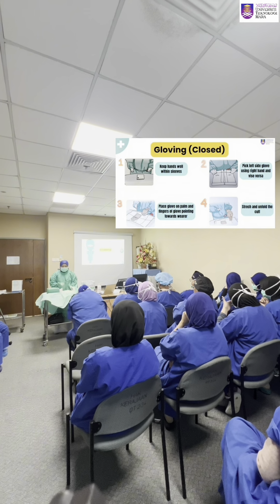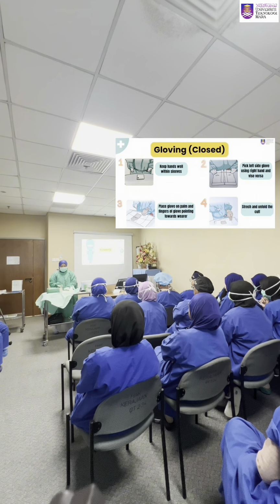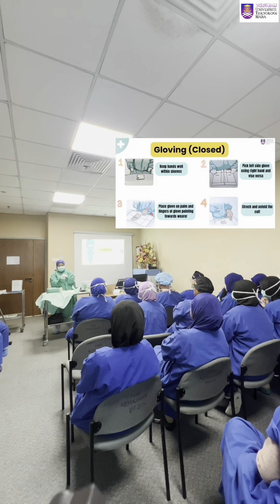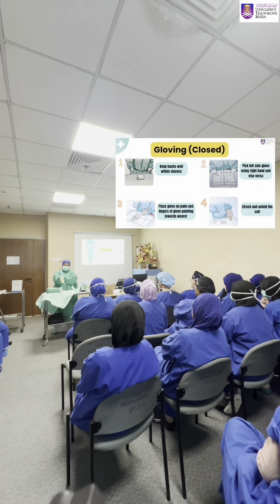And next, pick the right side of glove using the left hand and place the glove on the palm of the right hand. Make sure the fingers of glove are pointing towards the wearer. Right thumb of glove is parallel to the right thumb of the hand.